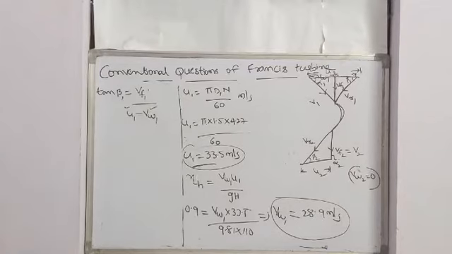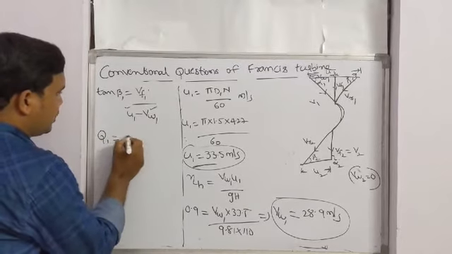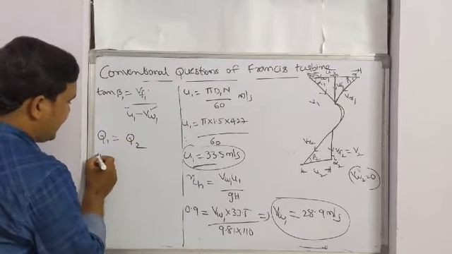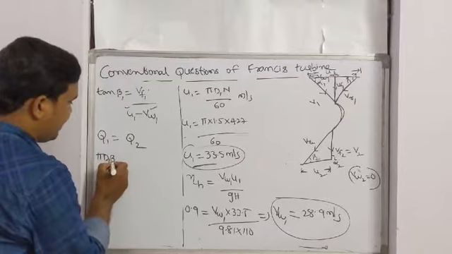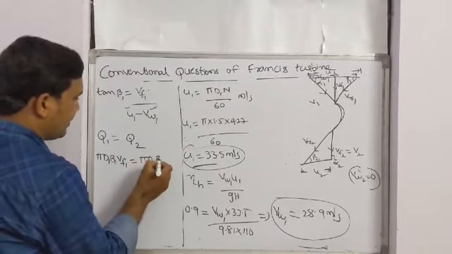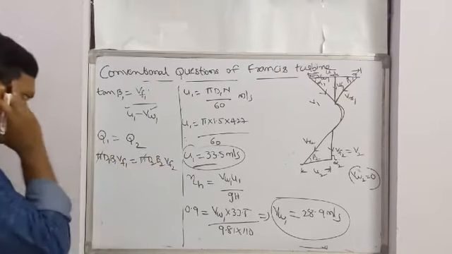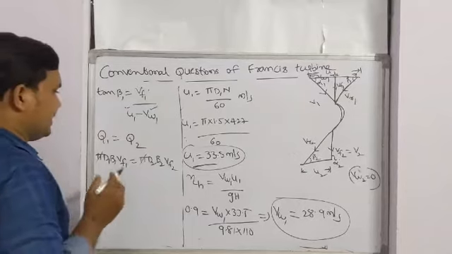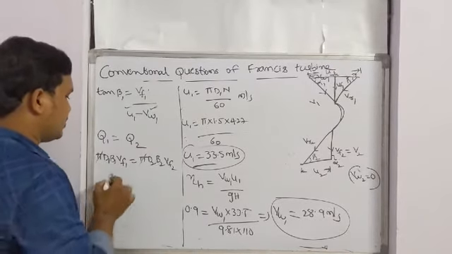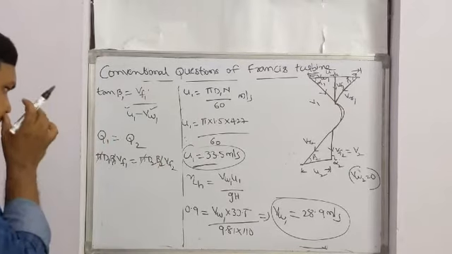We know the discharge equation: according to the continuity equation, Q1 is equal to Q2. So Q1 is pi D1 B1 VF1 is equal to pi D2 B2 VF2. Pi cancels, both are constants. In the problem, the width of the runner is constant throughout, so B1 and B2 are the same and cancel out.